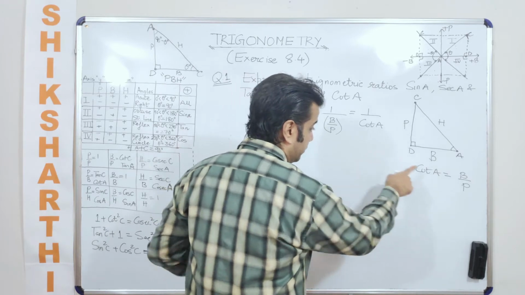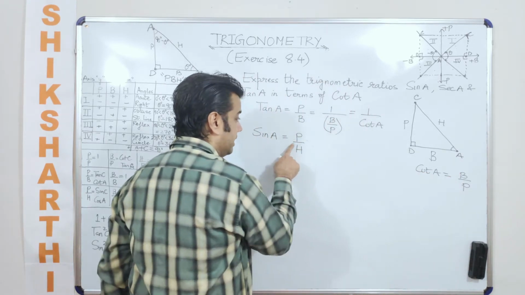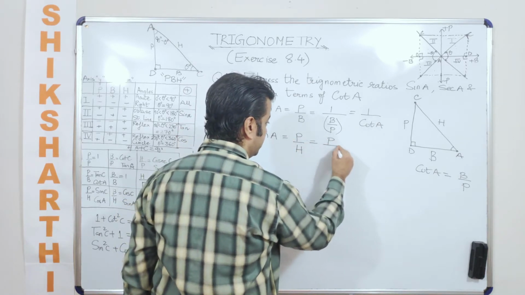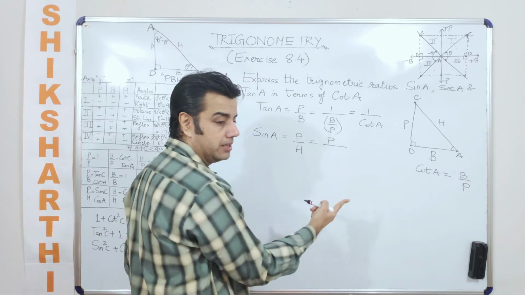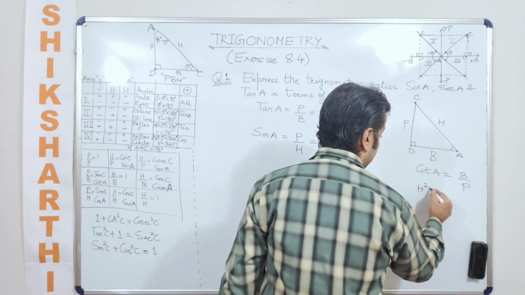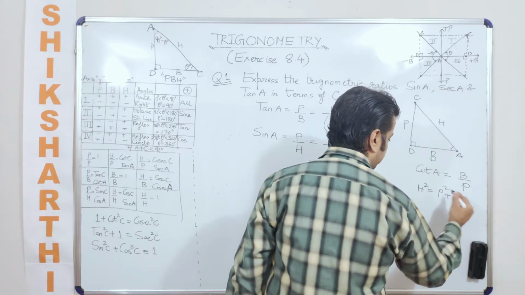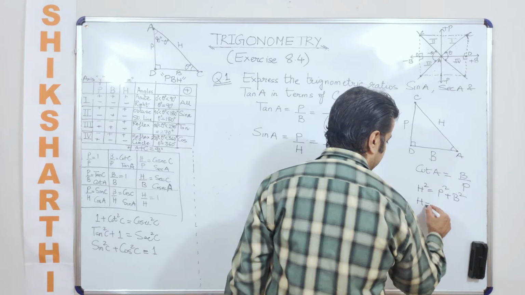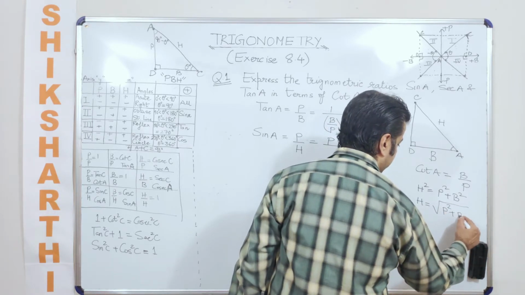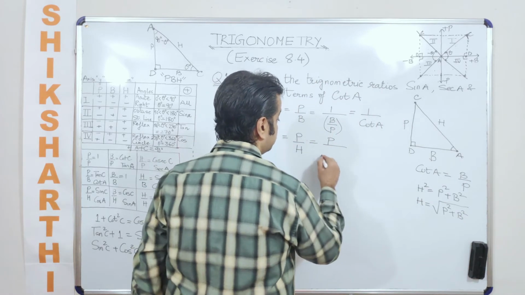For cot A we require B and P, and here we have an H and P. So all we need to do here is convert this H into P and B. We are aware of the fact that H square is equal to P square plus B square from the Pythagoras theorem. So from here you will be able to say H is equal to under root of P square plus B square. Let's substitute the value from here.